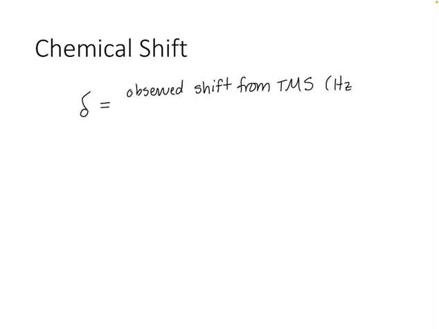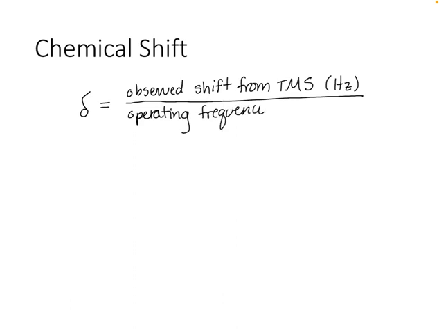Now, this is all going to be in units of hertz, so it's in radio frequency. Now we're going to divide this observed shift from TMS, our reference compound, by the operating frequency, or we're dividing by the operating frequency of the instrument, which will also be in hertz.